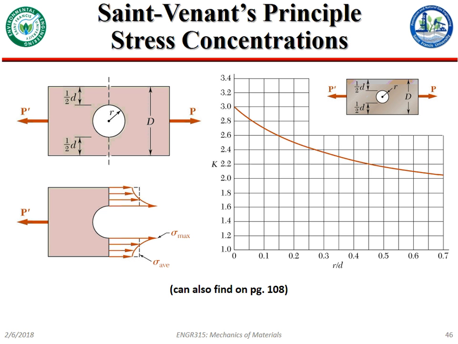In other words, how extreme that change in flow pattern is, and how that load has to be transmitted between different sections along the block. Your stress can actually be several times higher than your average stress.